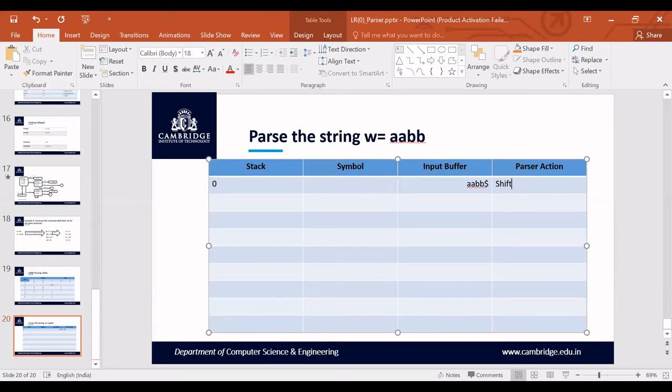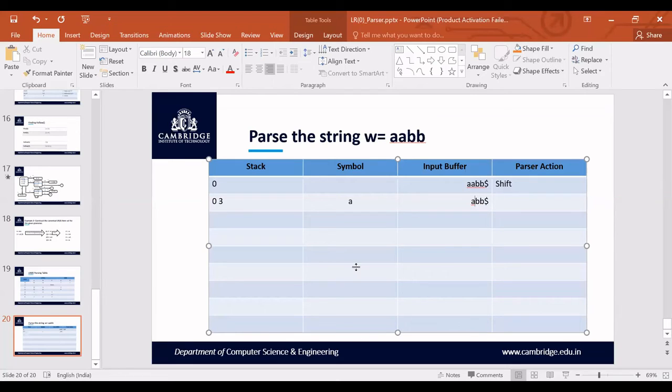Take down shift and which state you are shifting. Initially you have state 0, and then you shift state 3 onto the stack top, and one symbol is moved from the input buffer into the symbol column, and you are left with A, B, and B, and the end of the input buffer.